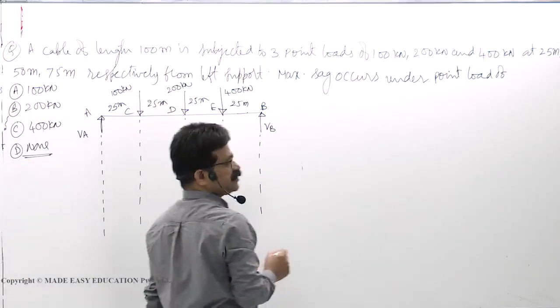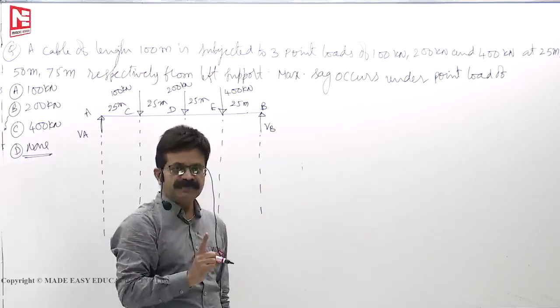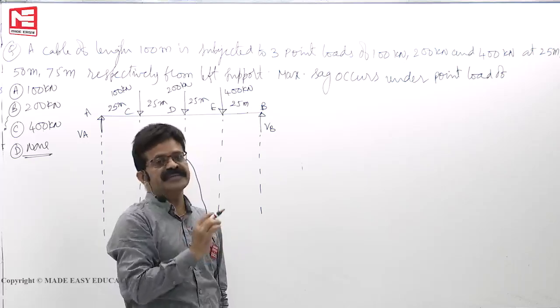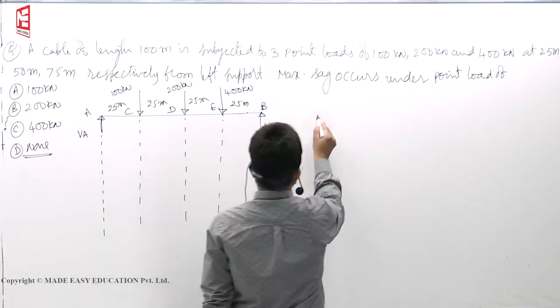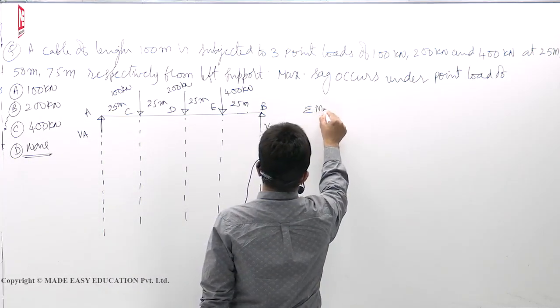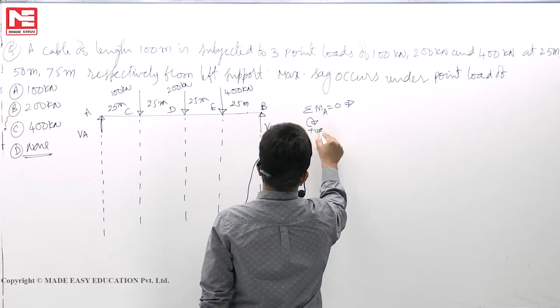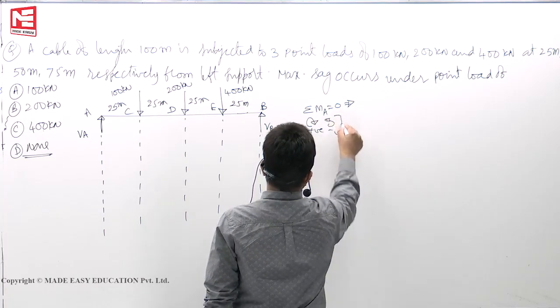But the allotted time is only 1 minute. We cannot afford to draw the entire bending moment diagram and waste time. This is how you have to manage. Take moments of all forces about A equal to 0, clockwise positive, anticlockwise negative.